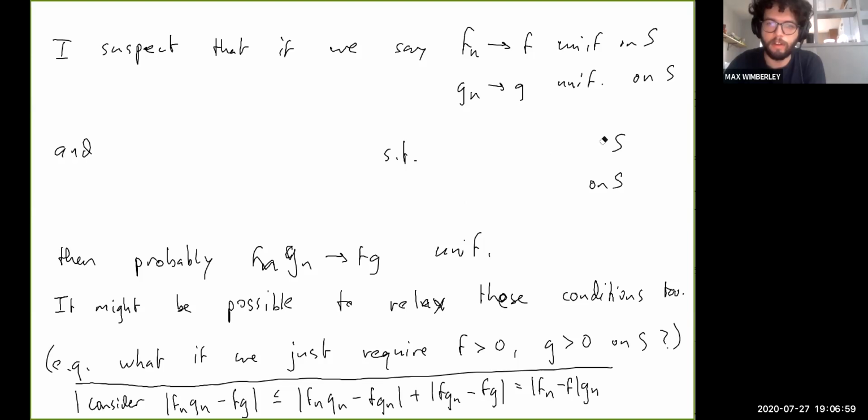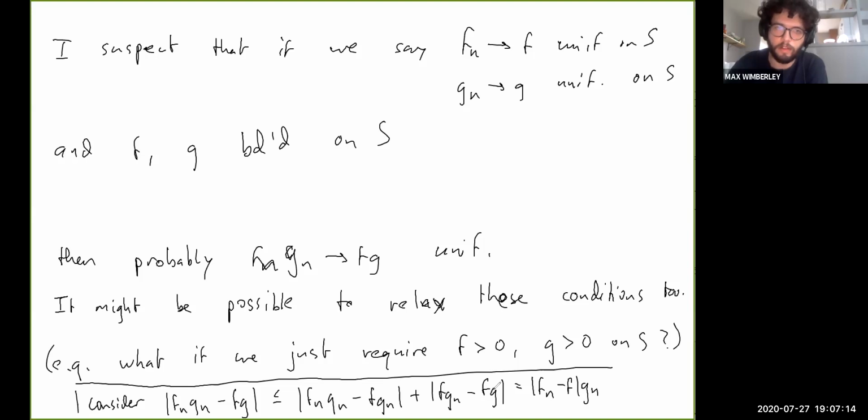This might be the wrong thing. F and G are bounded on S. That would be enough, I think, right? So then plus F times Gn minus G. So you can basically bound both of these two things. And then you can force these things to be small. And that's how you do it, I think.